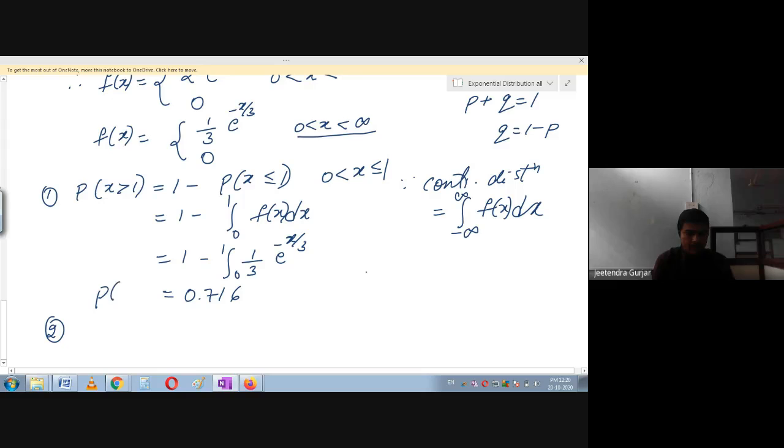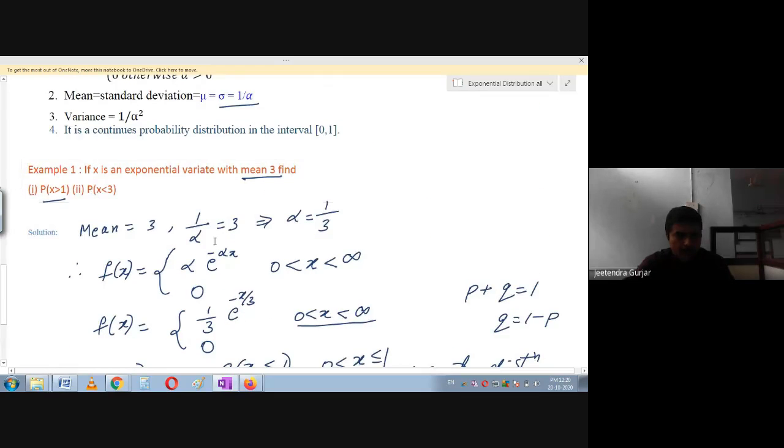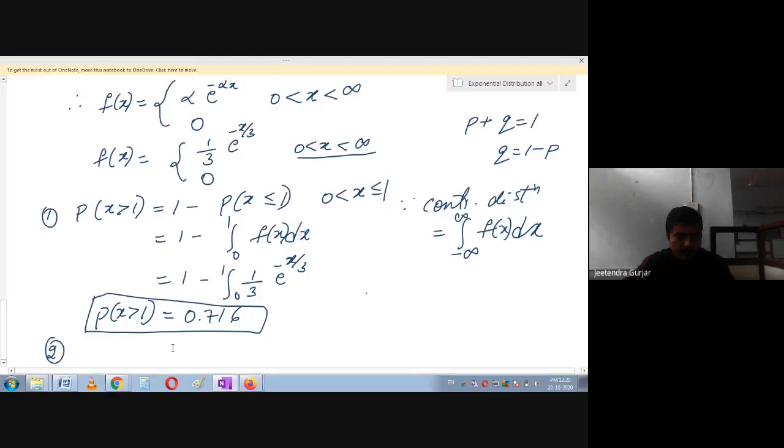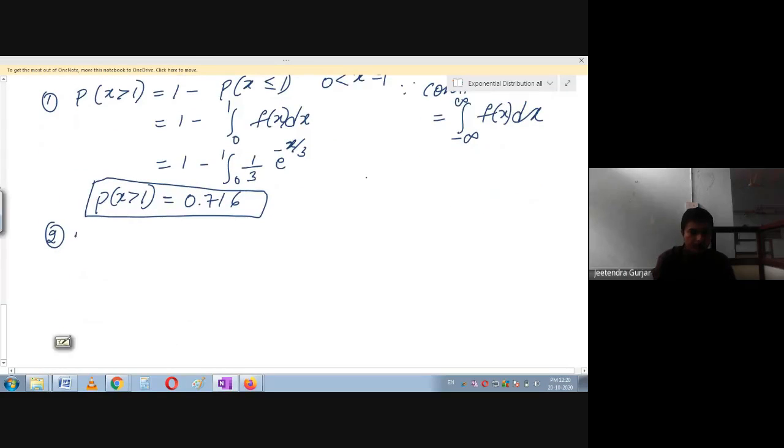So when it is p of x greater than 1, we get the probability 0.716. I go to the second one. It says probability of x greater than 3, students. So you have to always remember the lower limit is 0, and the limit will be from 0 to 3.